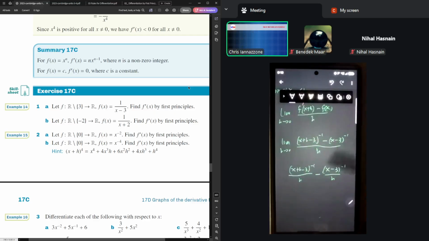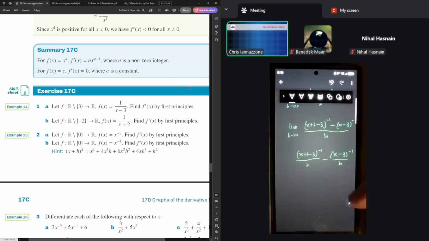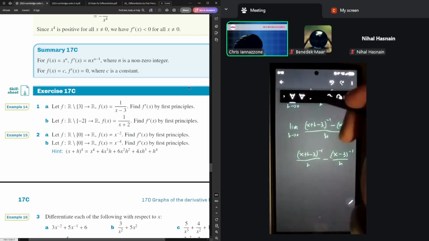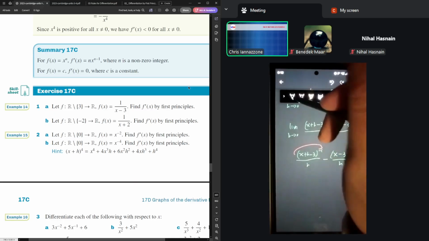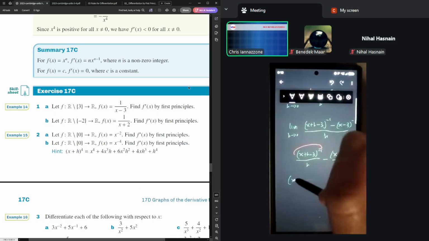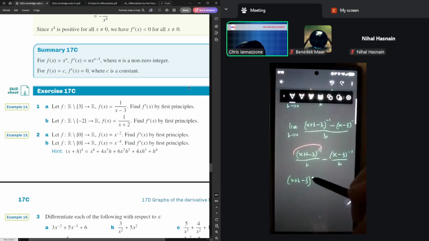Now, because these have negative indexes, those will flip to the denominator. So if you can see that right away, awesome. If not, one thing to consider is that pretty much anything in the numerator can be thought of as multiplying 1 divided by the denominator. So in other words, I could rewrite this as x plus h minus 3 to the power of negative 1 multiplying 1 over h.